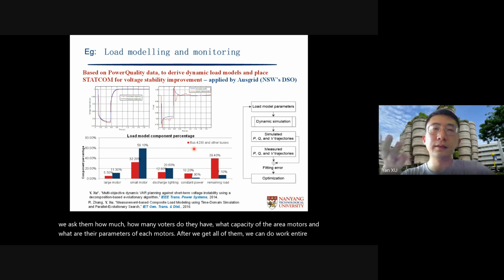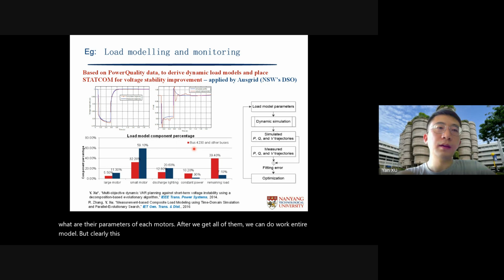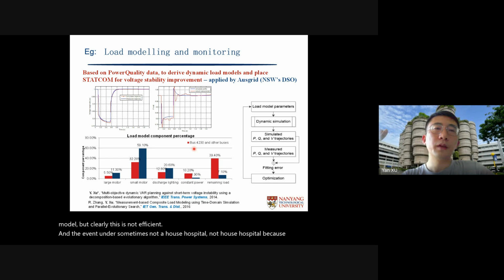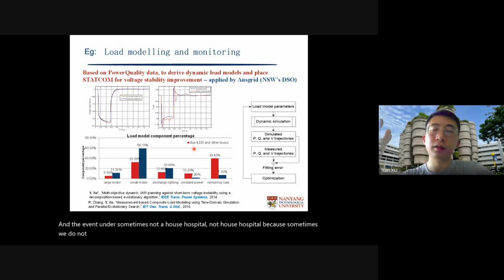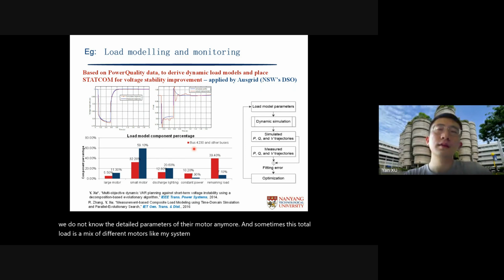But clearly, you can see this is not efficient, and sometimes not possible, because sometimes they do not know the detailed parameters of their motors anymore, and sometimes this total load is a mix of different motors, lighting systems, and other types of load. So it's not easy to do such a customer survey.